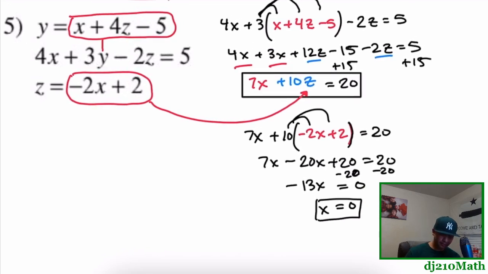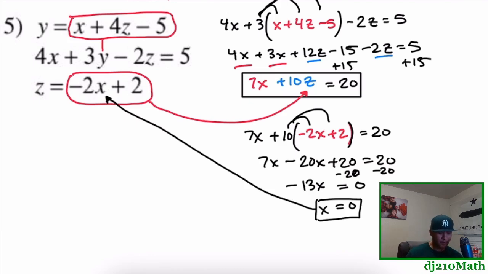So I can take that x and plug it into here to get z. If you don't like that one, you could plug it into here and get z. That one's probably better. x has to go somewhere, right?